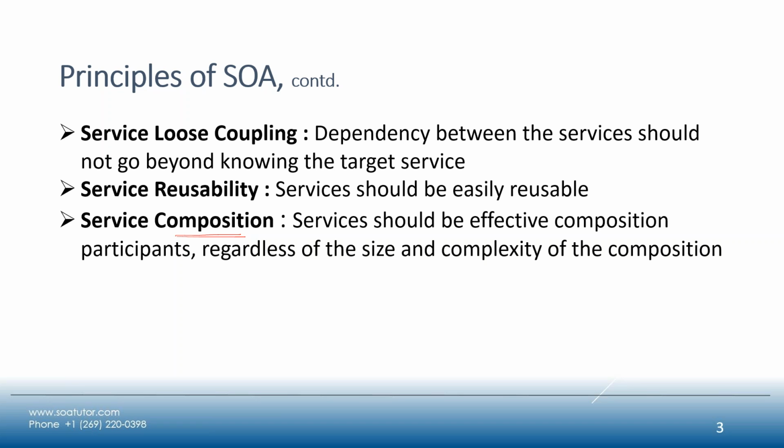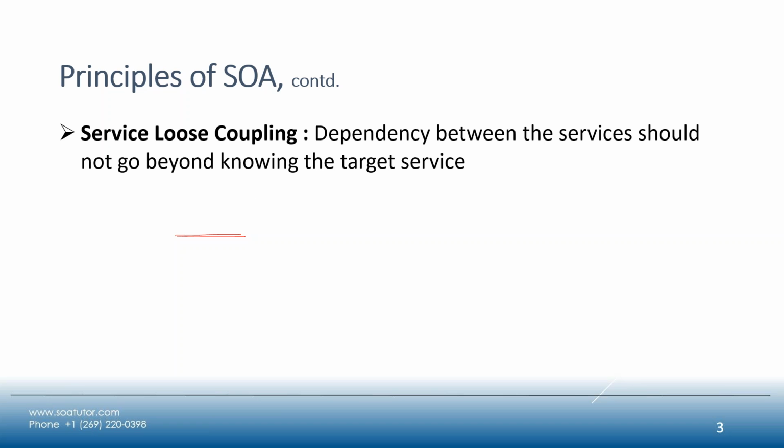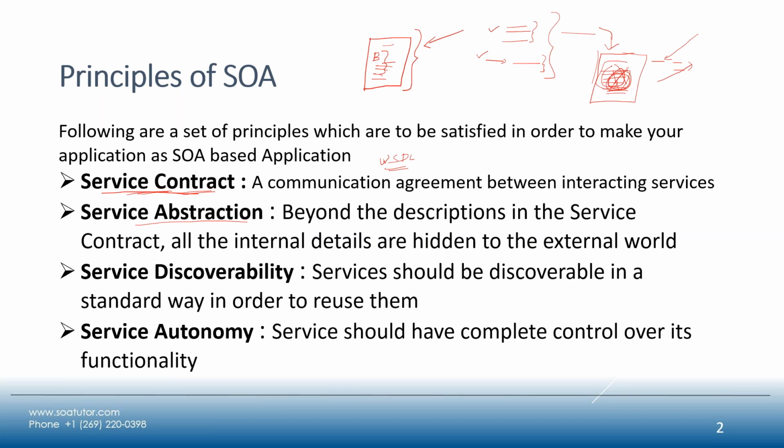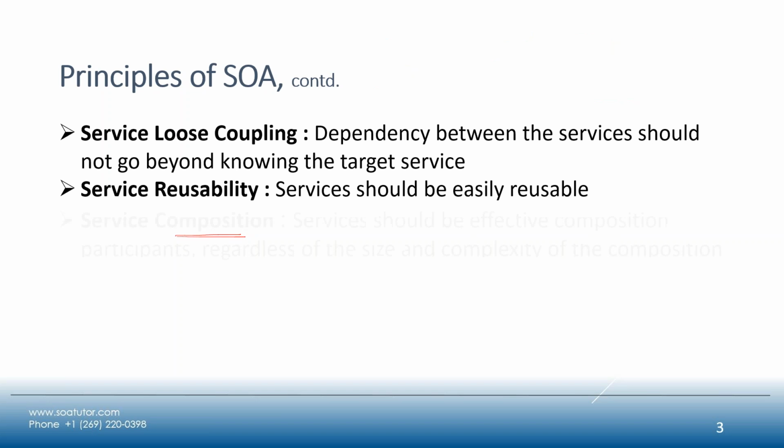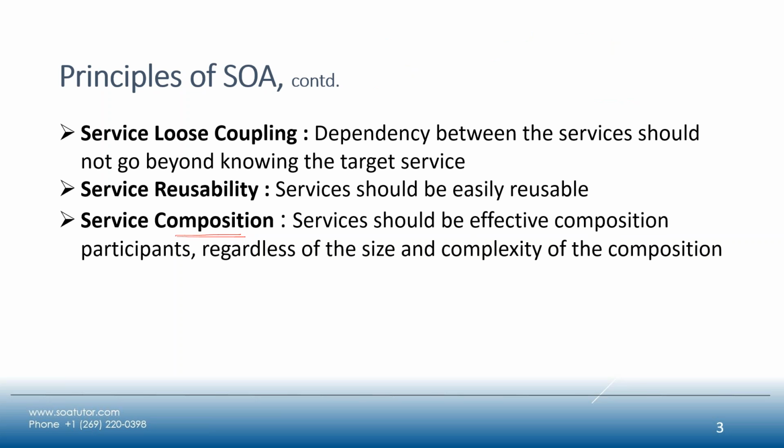So all these we have seen yesterday, but we spoke in very generic terms. Basically, these are the 7 principles that SOA tells you, or OASIS tells you. So what it really means is, if you are saying that your application has to follow SOA principles, or your application is a SOA application, that means it has to adhere to all these 7 principles.